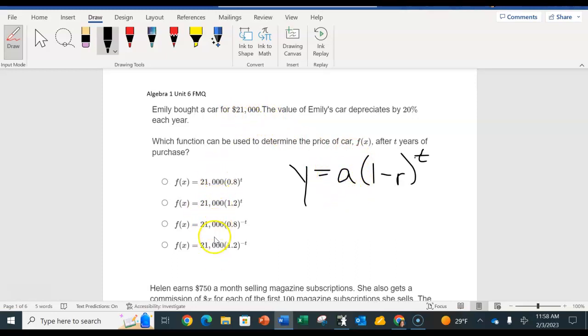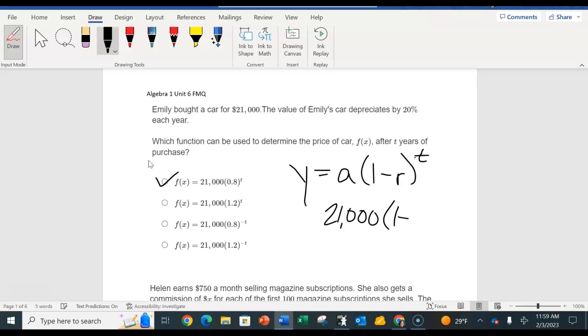You can see that's in all of the cases here. And then depreciates, again, you're taking 100%, subtracting 20%. So that's going to be 80%. So it has to be this first function here to represent that. So just remember, 1 really represents 100% minus whatever percent.